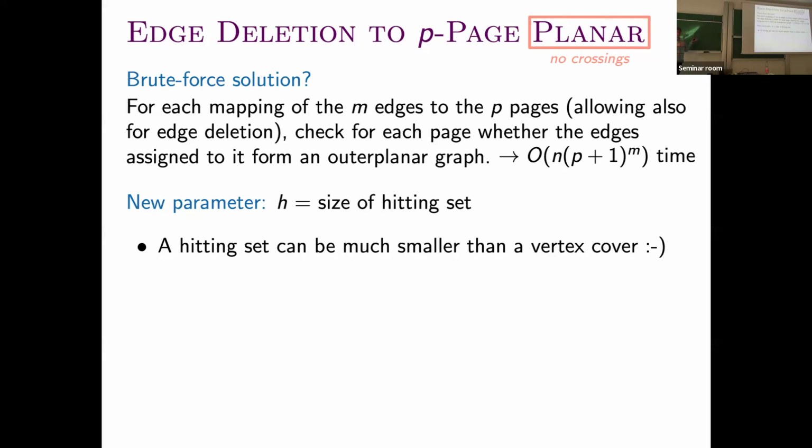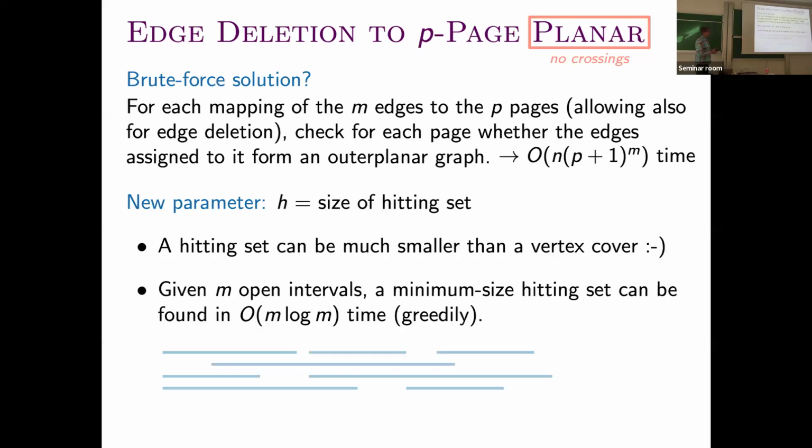For this complete bipartite graph, you have to take one side of your bipartition in order to cover all the edges, but for hitting you need just one vertex to hit everybody. So it's a small parameter. The other good thing is that you can compute it very easily, other than the vertex cover number.